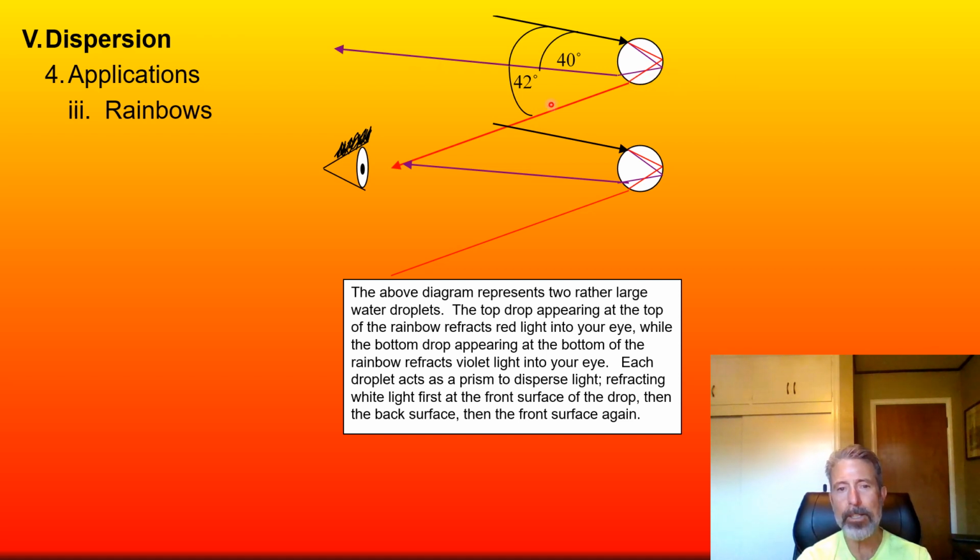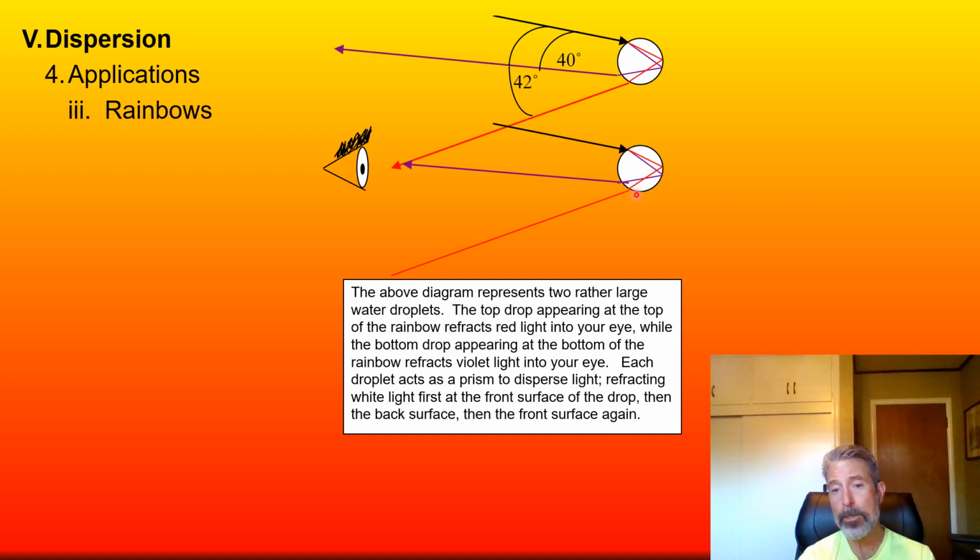Only the red light is going to be able to hit your eye. And I've given you some angles here that are described. Only that red light leaves the water droplet at a 42-degree angle of deviation from its initial direction, and those droplets can be seen by you on the ground.